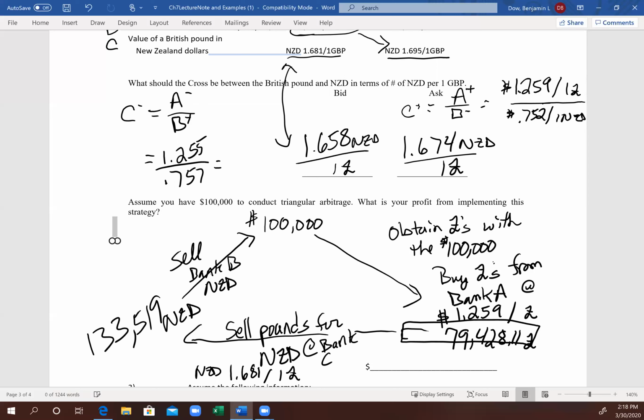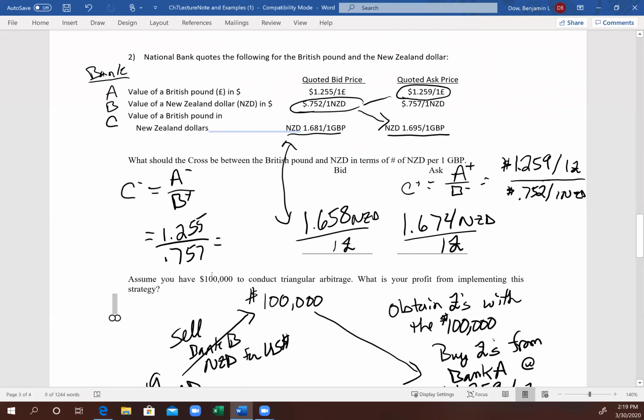Now to complete the triangle, we'll go to Bank B and sell Bank B New Zealand dollars for US dollars. So when we sell our New Zealand dollars, we're going to see how many US dollars Bank B will give us. Bank B will give us 0.752 US dollars.